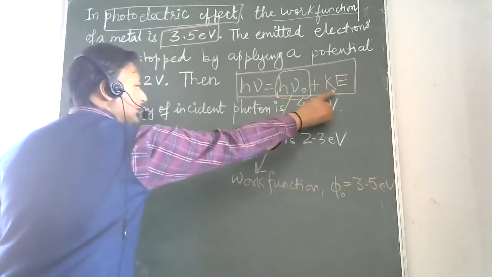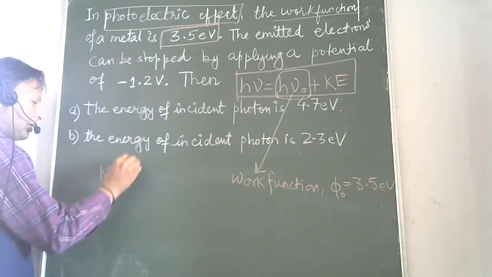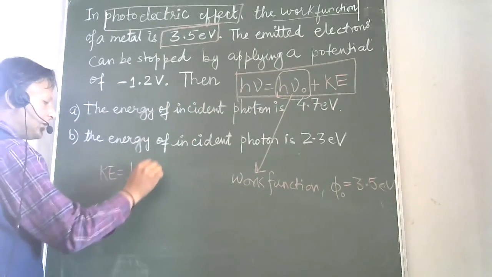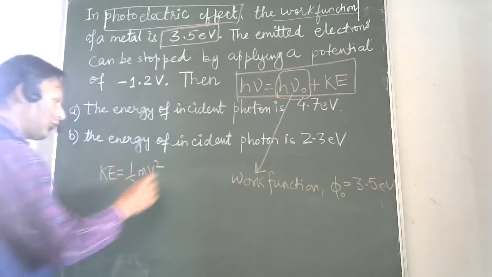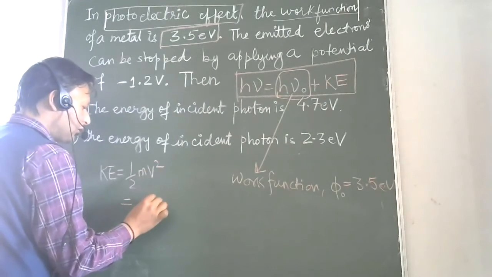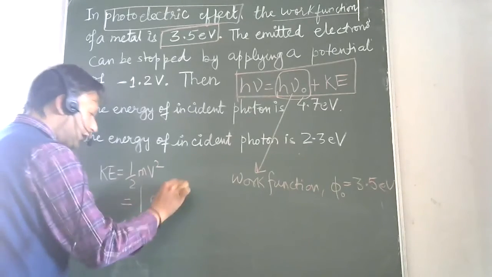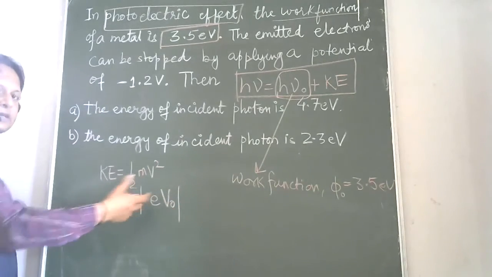The second thing is this kinetic energy. We all know that its formula is half m v square. And the other formula we have for this kinetic energy is the mod of e times V naught, because kinetic energy is never negative.